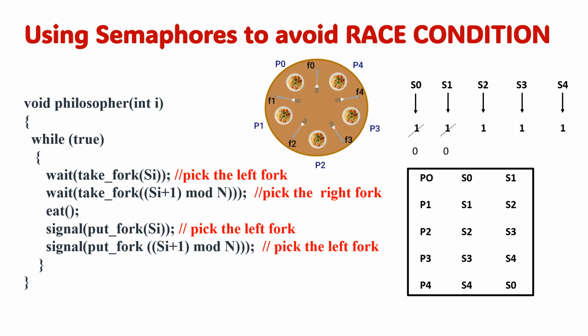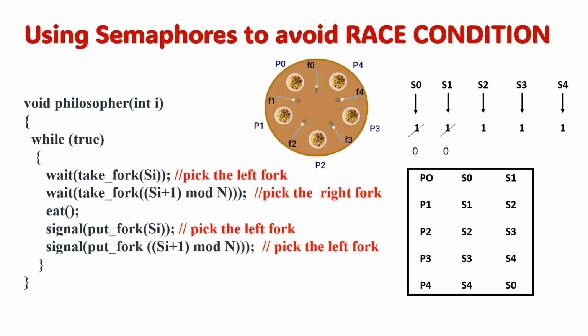There are two methods for the semaphore. One is called wait and another is called signal. The wait condition will put down or reset the value of the semaphore from 1 to 0. So suppose philosopher P0 comes, then it will enter into the wait method, that is wait, take fork S of i.